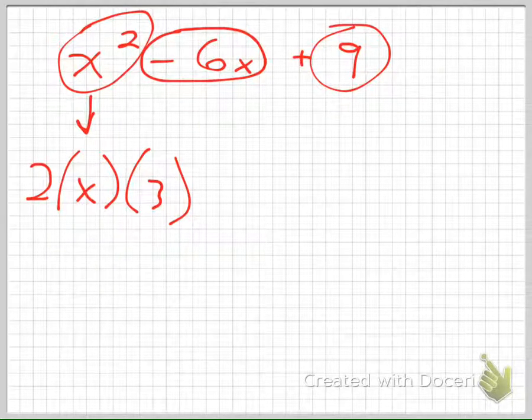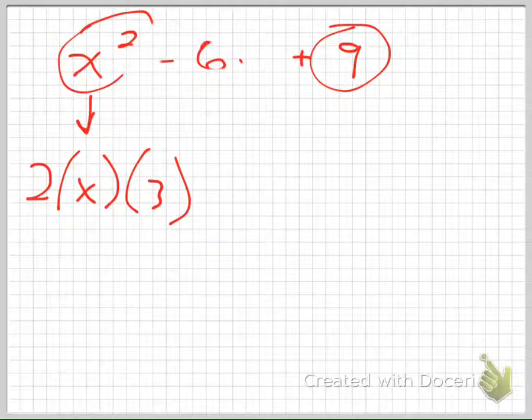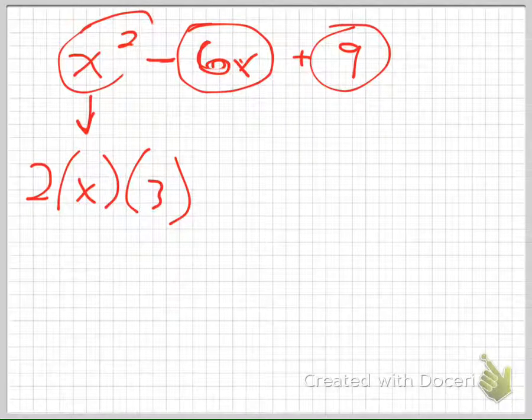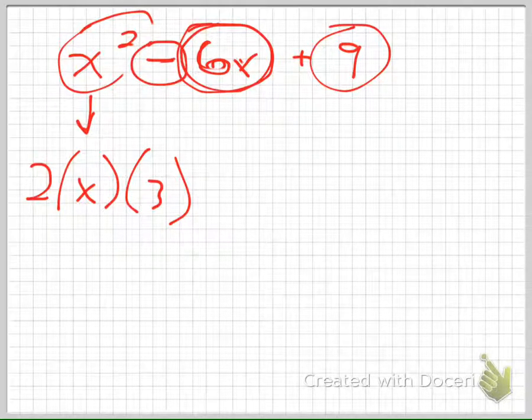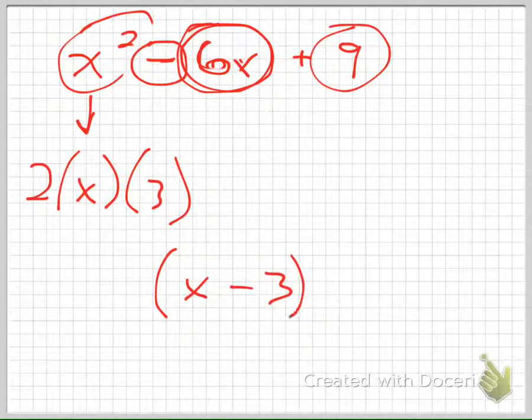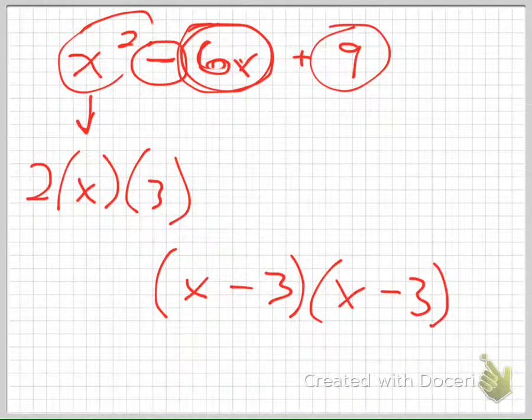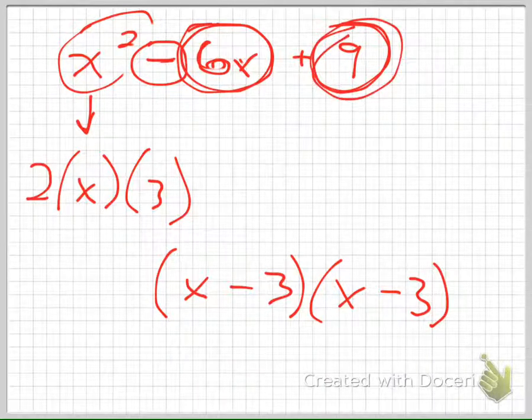Now here's the deal. You know how when I circled this up here, I grabbed that negative sign? I didn't need to grab that. What I'm looking for is that it equals 6x, the middle term without the negative sign. So that's true. It does equal 6x. Do you agree? Okay. So then because of that minus, let's see what we can do. What about x minus 3 times x minus 3? Because it's going to multiply to a positive, but add to a negative, right?